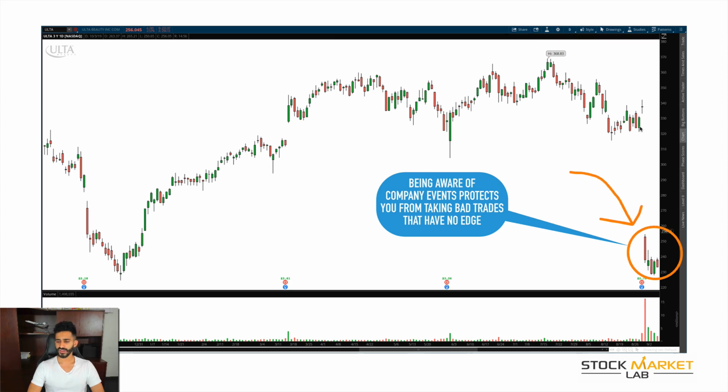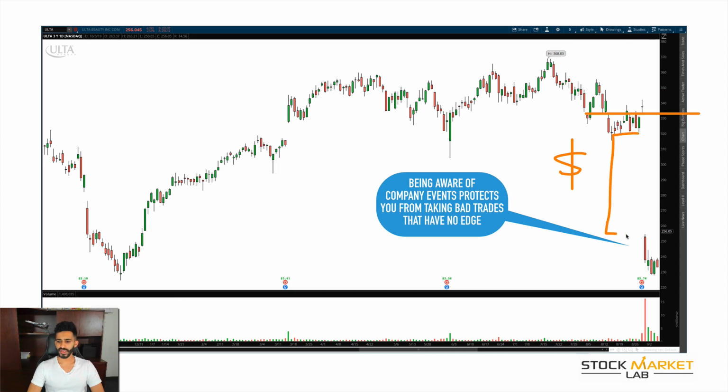Look what happens. Stock misses earnings, right? Gaps down and starts taking a huge hit. Yes, obviously, if you shorted this or if you bought puts, you would have made a lot of money, but there's no edge there. There's no real way of knowing that, right?